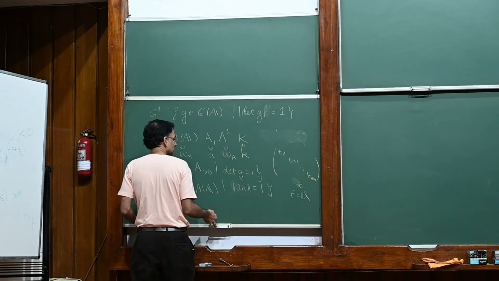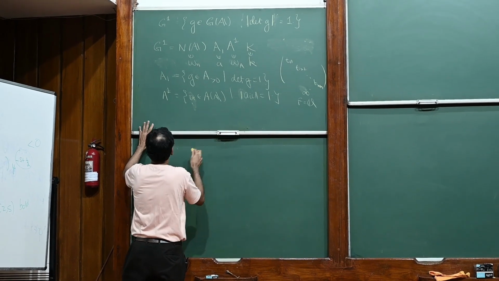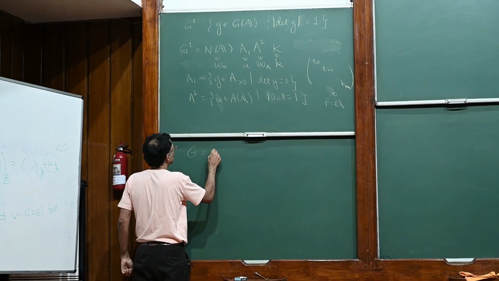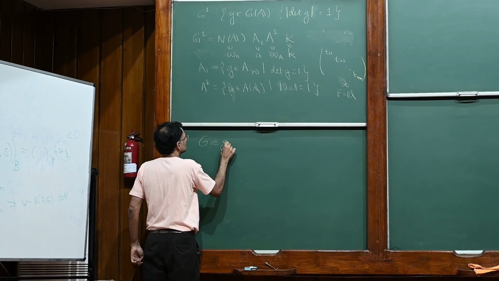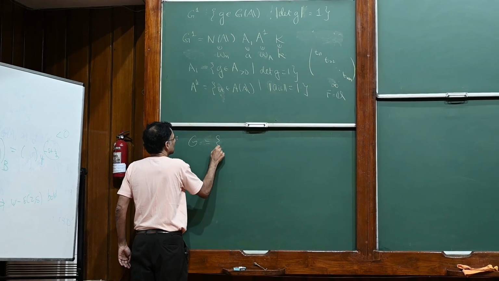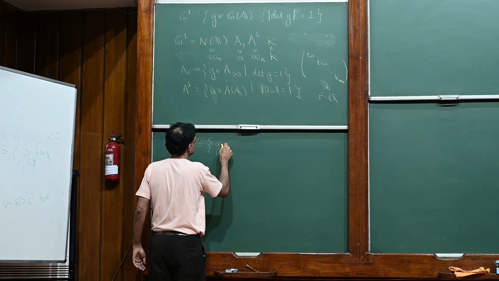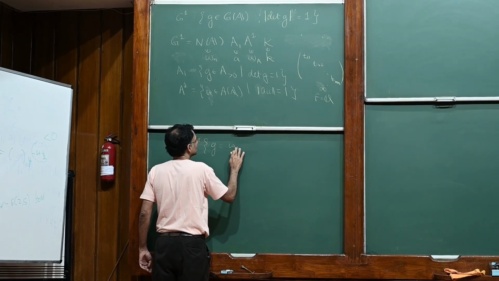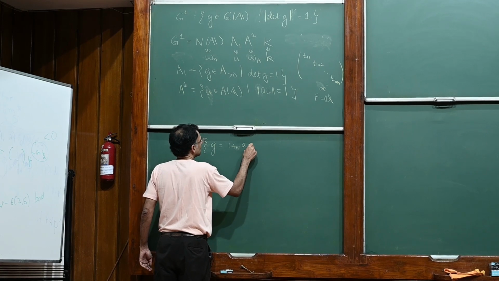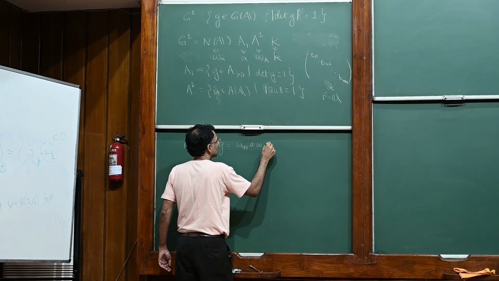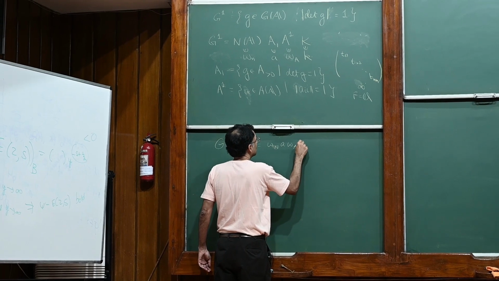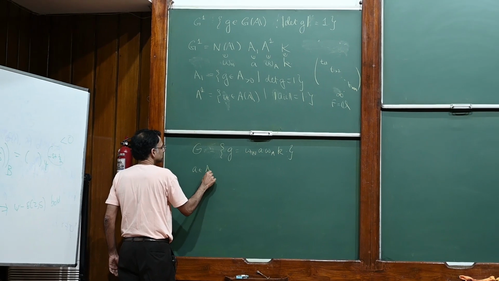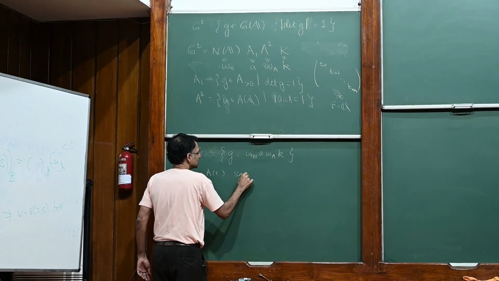Okay, and we had the Siegel set, right? So the Siegel set was of the form G equal to omega N, A, omega A and K, and the point is this A was in some A_T, some T greater than 0, right?